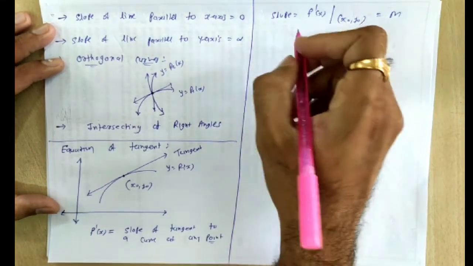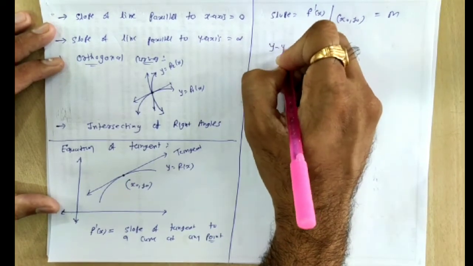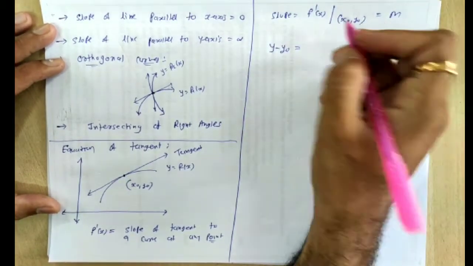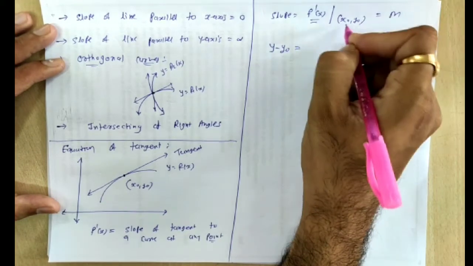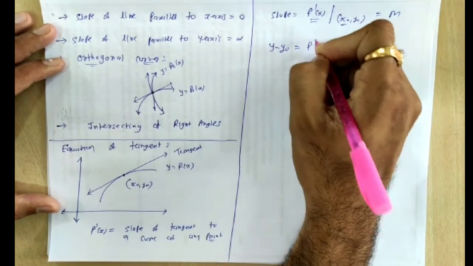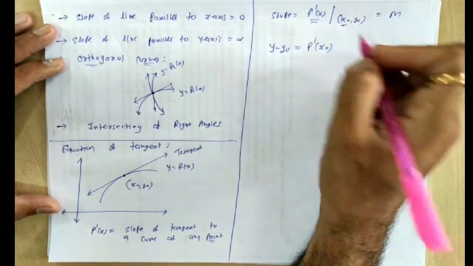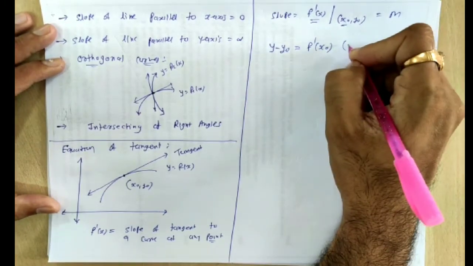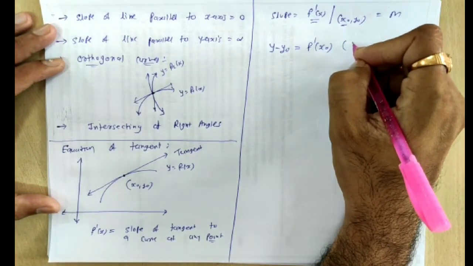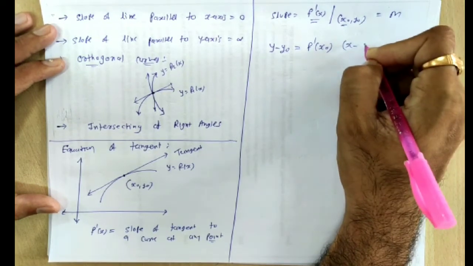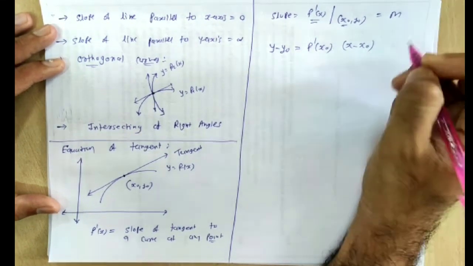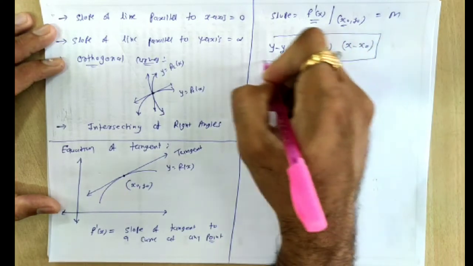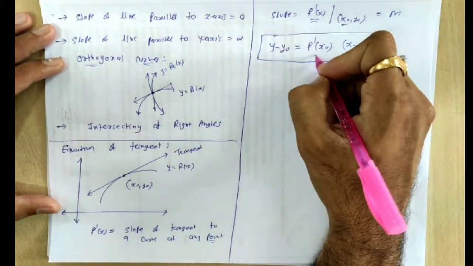So the equation, in point slope form, is y minus y0 equal to the slope, which is f dash of x0, the slope of tangent, into x minus x1. Instead of x1 we have x0.